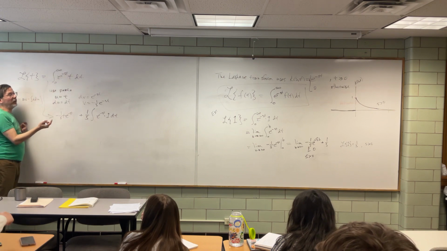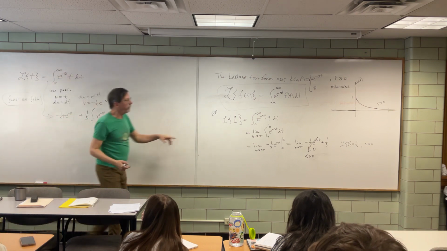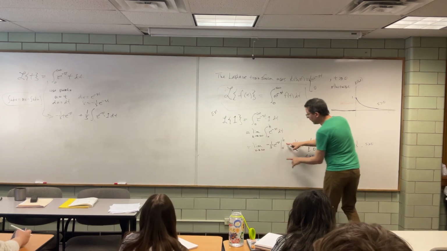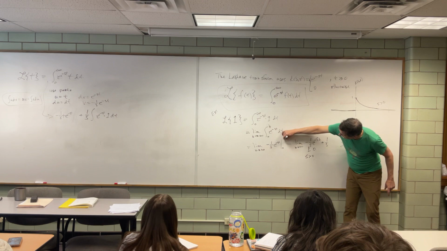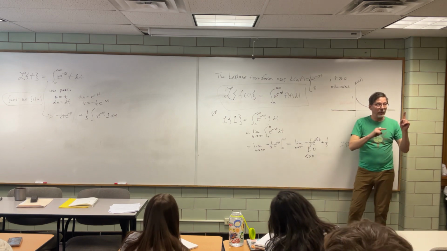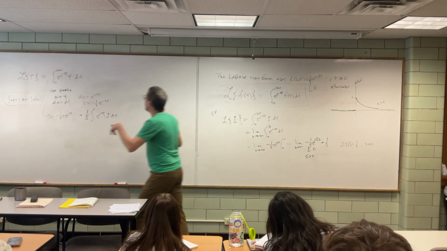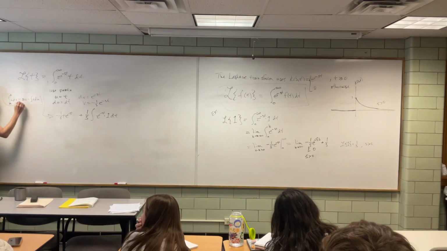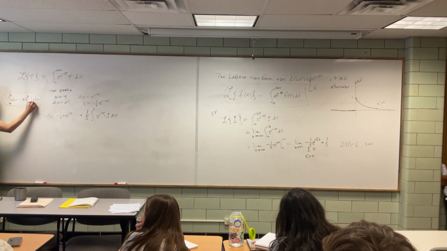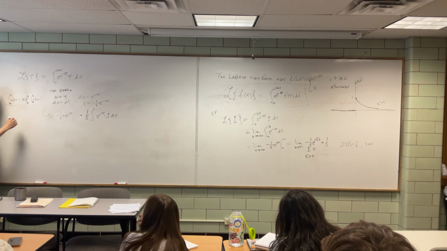Think about how you would do a normal evaluation: you would take your antiderivative, and then you would evaluate at the endpoints. When you do parts, the protocol is, if you did this from A to B, you evaluate it right at the start. I don't know if that helps. Okay, cool, good.